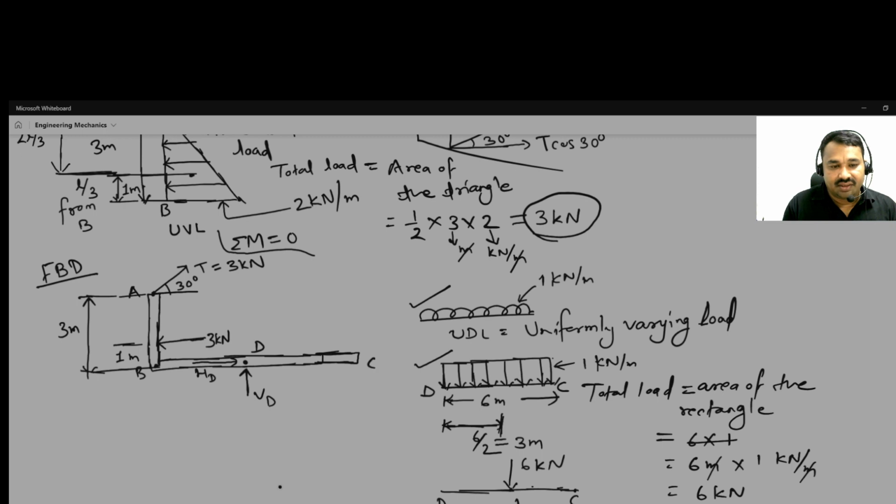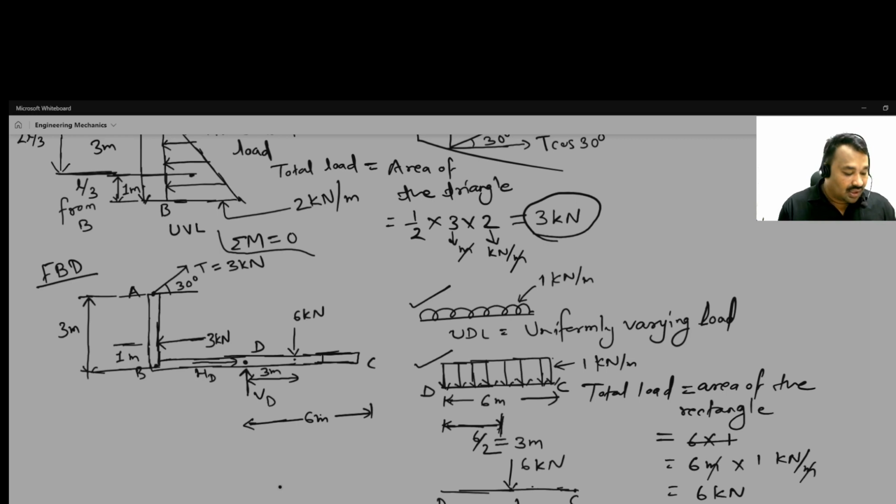D to C, and the total length is here 6 meter. So from here to here at 3 meter, 6 kilonewton load is acting, and it is 3 meter.